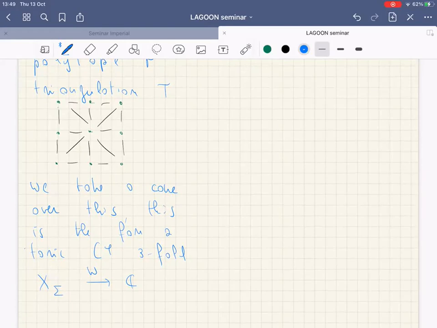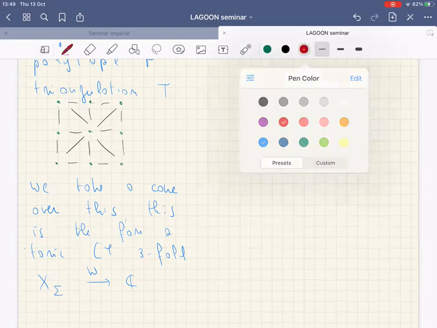This gives me a fan, and this is a fan of a Calabi-Yau toric threefold. And the height function in the fan gives me a superpotential. And so the category I'm considering on the B side is MF of W.